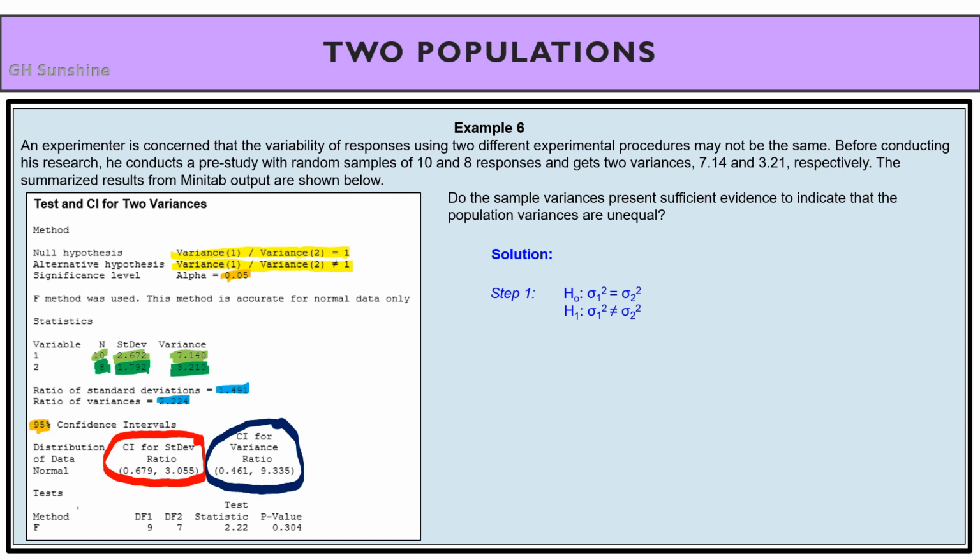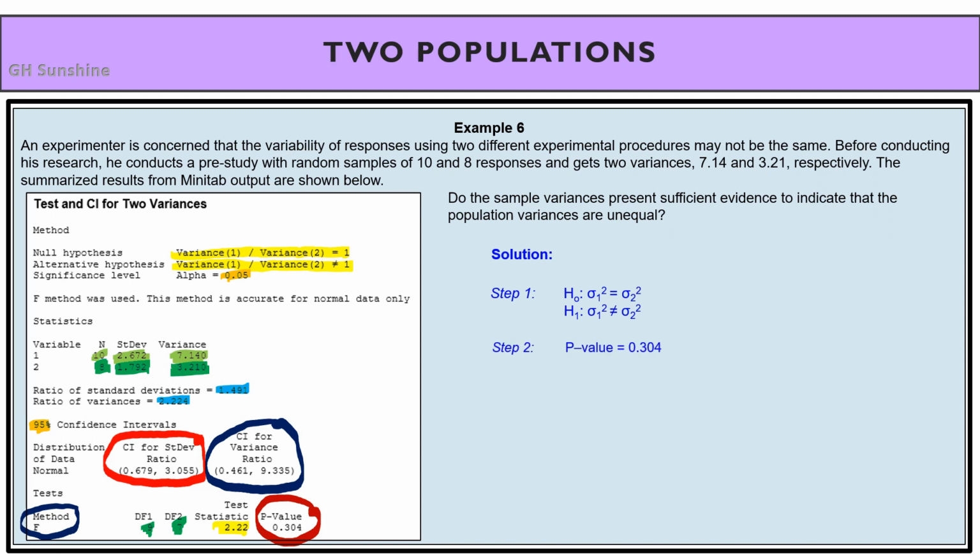Look at here, the test F calculation or F statistic, based on degrees of freedom: first variable 9, second variable 7, and then the test statistic equals 2.22 and the probability value is 0.304.